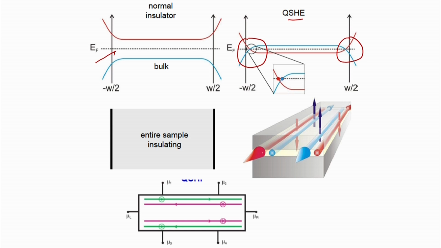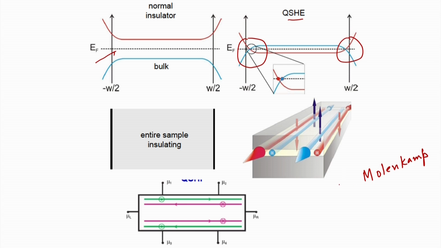The red one is now representing down, and the blue one is the up, and so on. So, there are these two edges, each having two states, one for up and one for down, propagating in different directions.